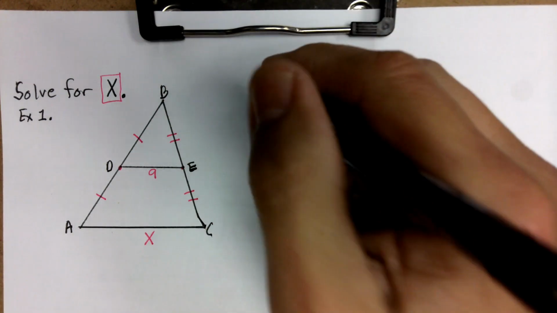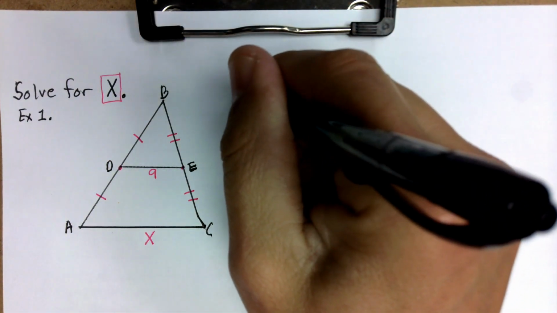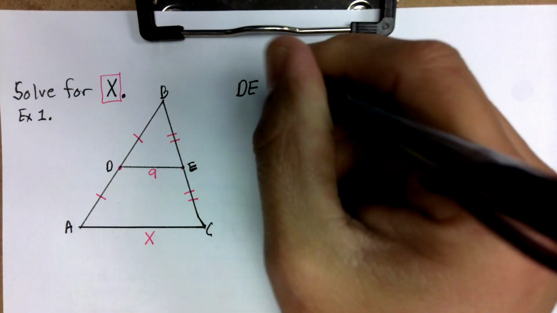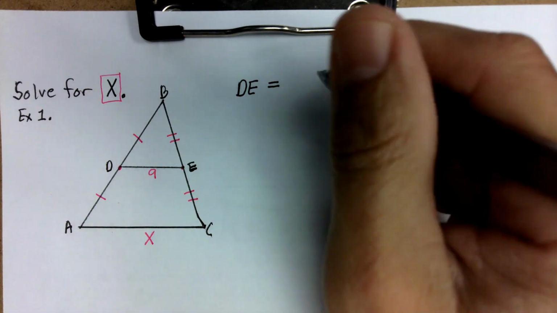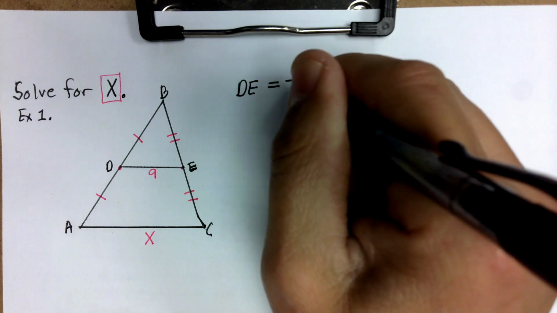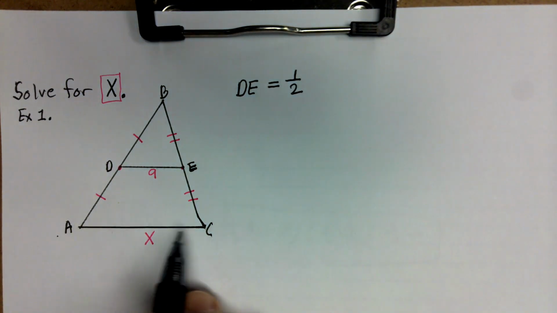And if we wrote this out mathematically real quick, we could say that DE is going to be equal to 1/2 of AC.